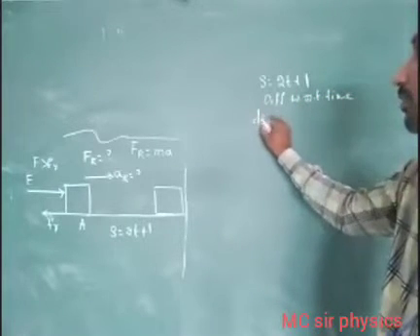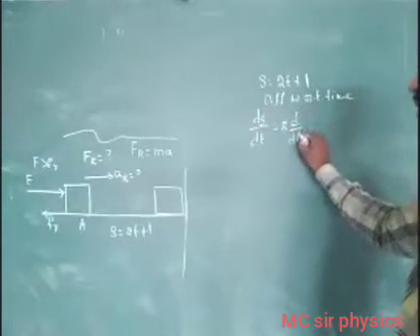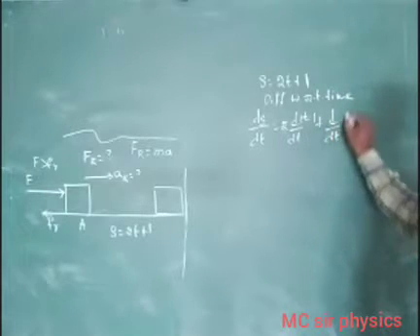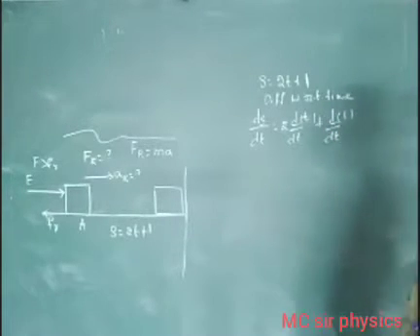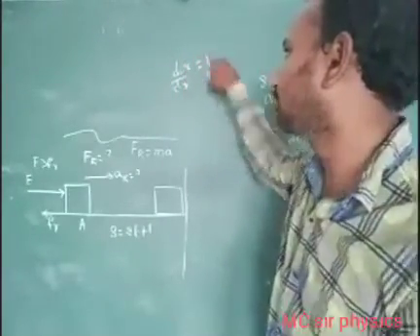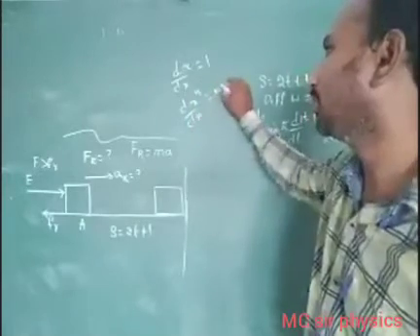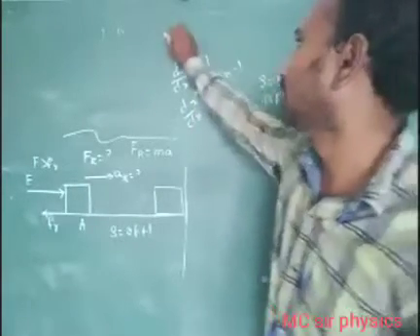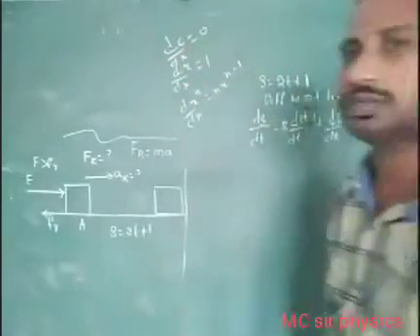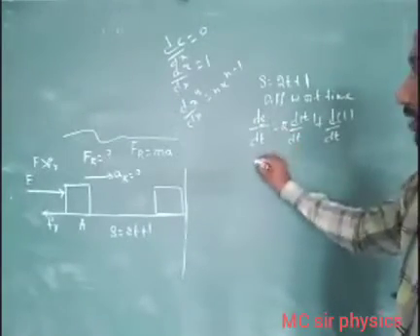Okay, what is the value? ds by dt equals 2 into d by dt of t plus d by dt of 1. Understood? So what is that formula? d by dx of x equals 1, d by dx of x power n equals n into x power n minus 1, d by dx of constant equals 0. Yes or no? So you have to apply d by dt of s, velocity.